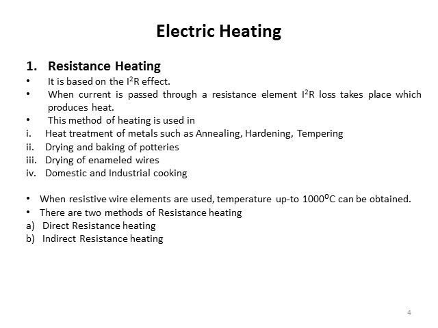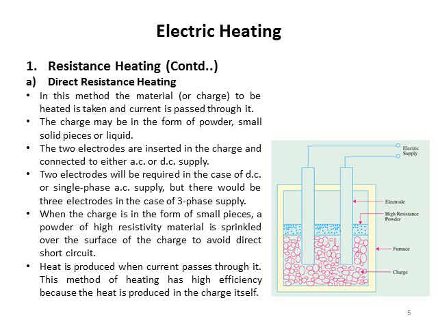There are two methods of resistance heating: direct resistance heating and indirect resistance heating. In direct resistance heating, the material or charge which is to be heated has the current passed through it. The charge is placed inside the furnace and there are two electrodes, and current is passed through those electrodes via the charge.